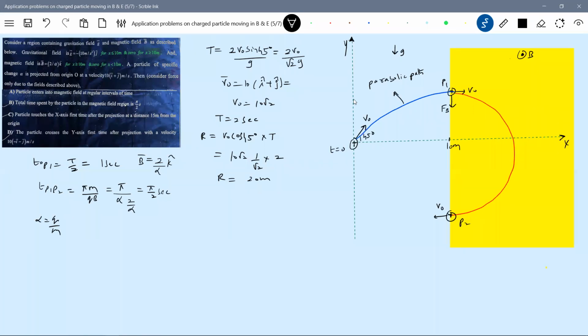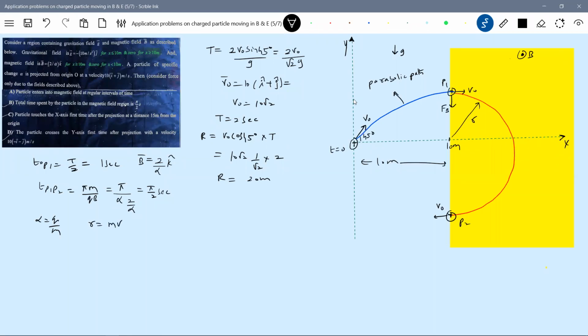Then, the particle touches the x-axis first time after projection at a distance of 15 meters from the origin. Okay, this is 10 meters. This will be the radius, no? So what is the radius? Small r I'll indicate.